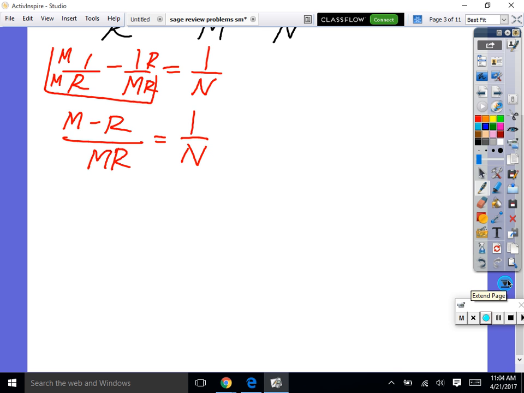If you have a fraction divided by a fraction, so you see how they're not split up? It's one fraction equals one fraction. It's not split up into two fractions by a subtraction or addition sign. Then you can flip both sides. So on top here, I have mr over m minus r equals n over 1.